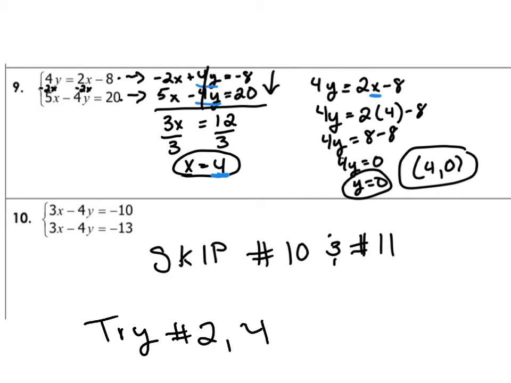Try number 4. Try number 5. We did number 6, so try number 7. Try number 8, and we did number 9. So actually just try 2, 4, 5, 7, and 8. And that's it.